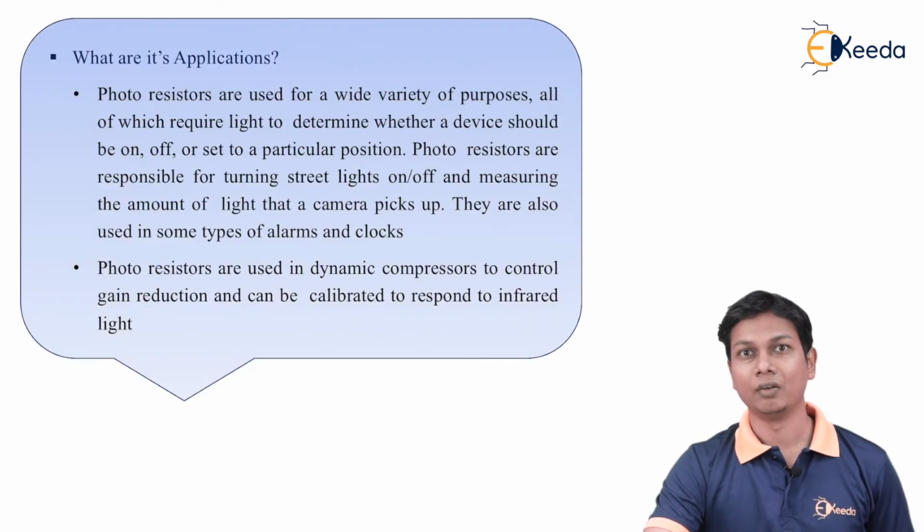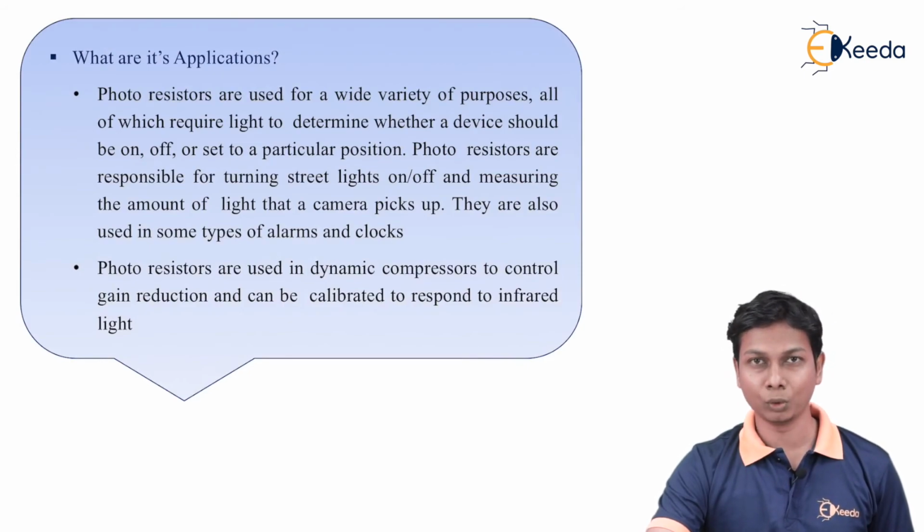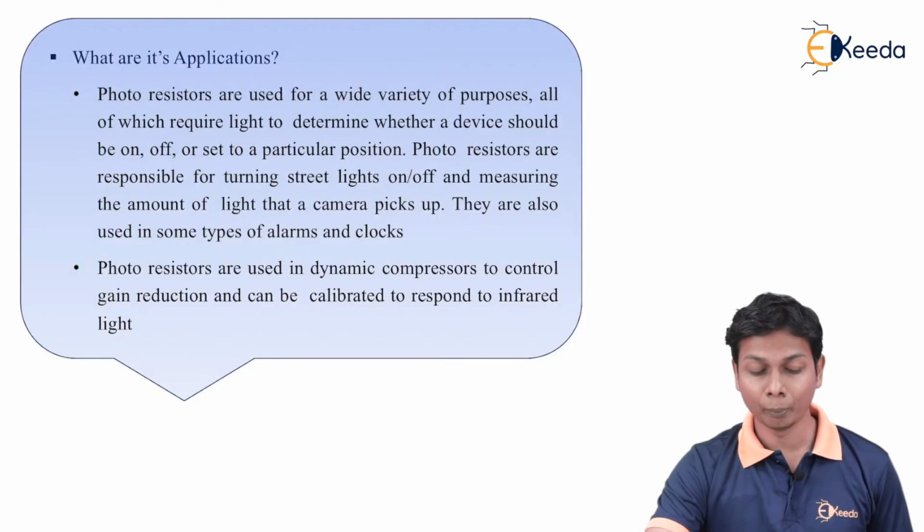So when we have to decide whether devices should be on, off, or set to a particular position, photoresistors are used. It is responsible for turning a street light on or off, or measuring the amount of light that a camera picks up.